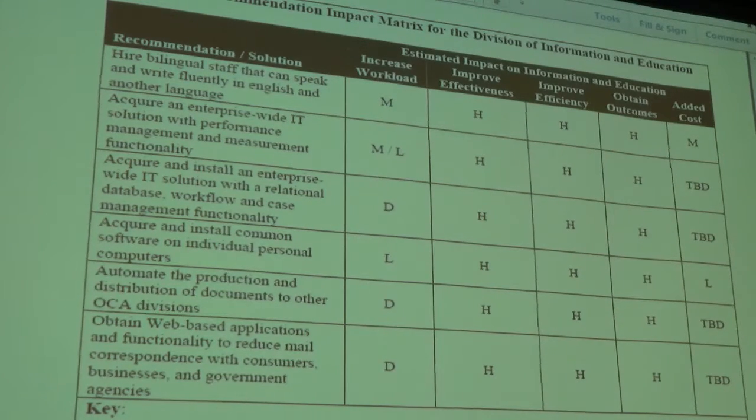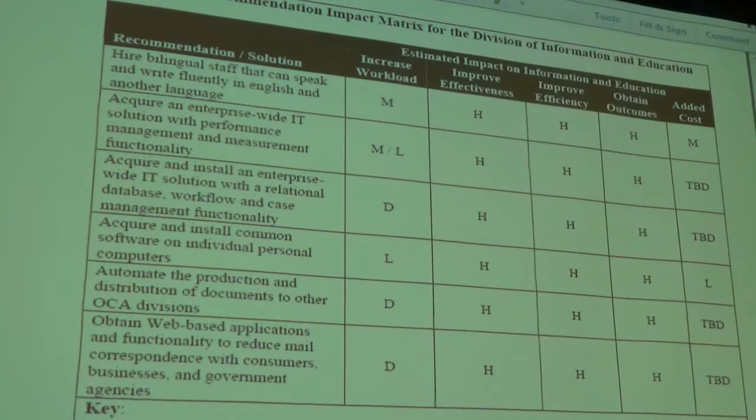It would have a moderate increase in the workload, a high impact on effectiveness, high impact on efficiency, high impact on attaining goals, moderate impact on costs. Again, we recommended an enterprise-wide information technology solution. It would have a moderate to low impact on workload, high impact on effectiveness, high impact on efficiency, high impact on outcomes.